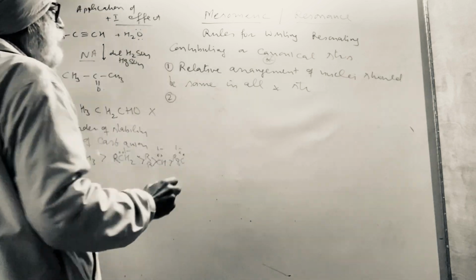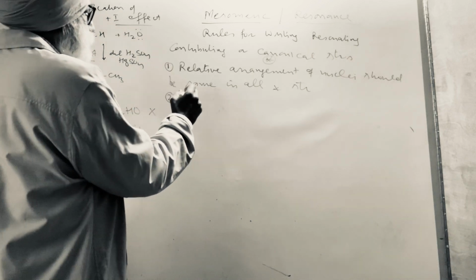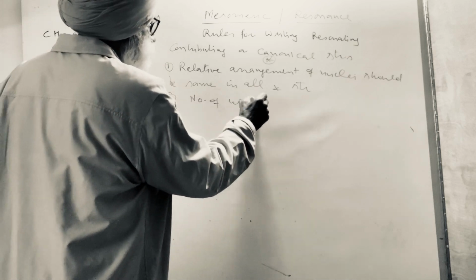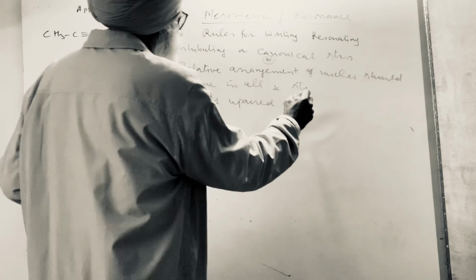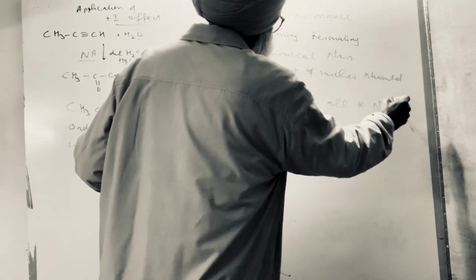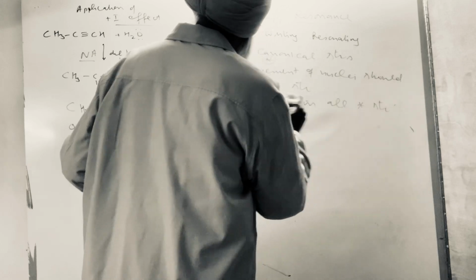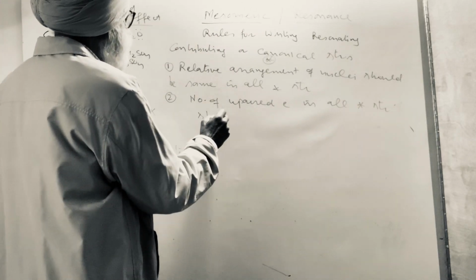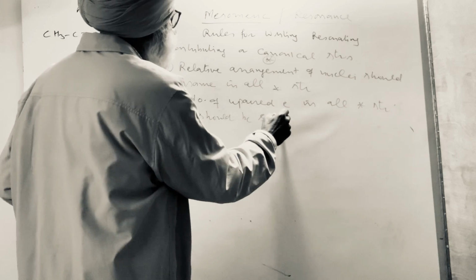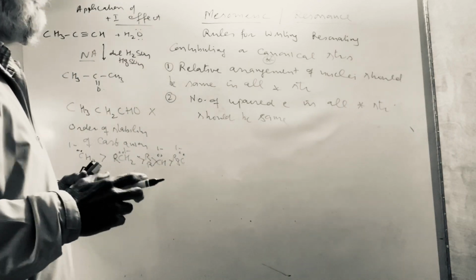The second condition is that the number of unpaired electrons in all resonating structures should be the same. The number of unpaired electrons should be the same.